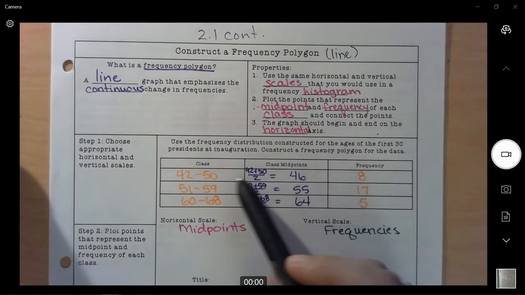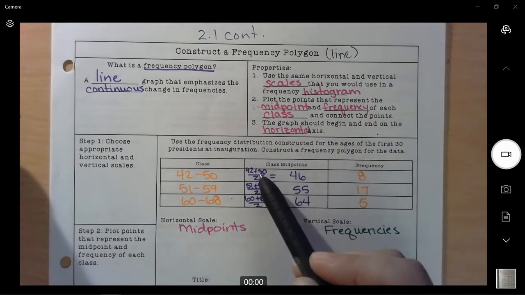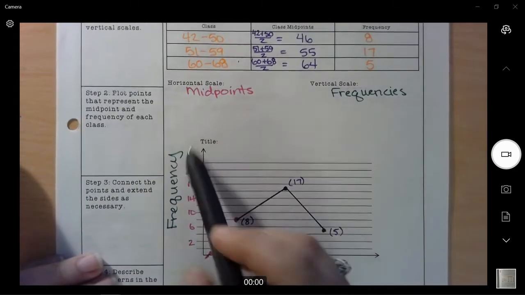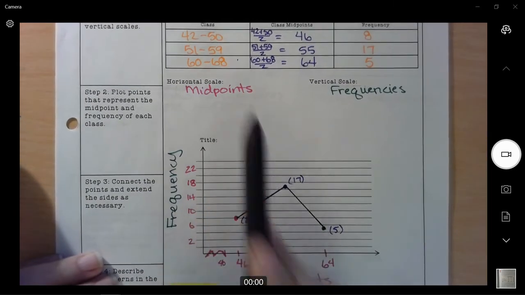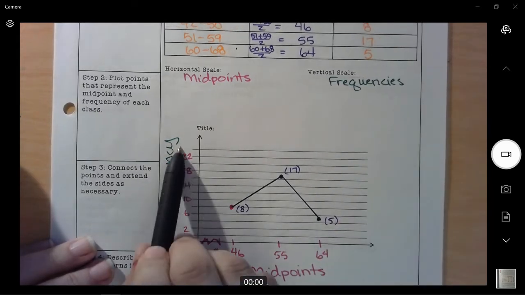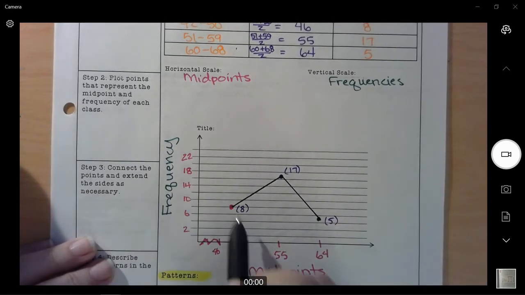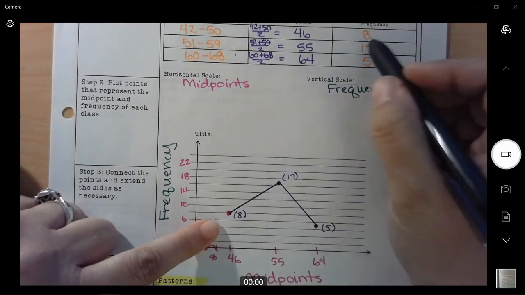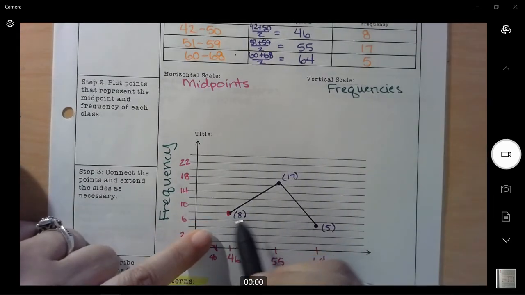To do that, again, we take our classes, we find our midpoints, which we talked about already, and then for your horizontal scale, you're going to use the midpoints for the tick marks, and the frequencies are going to be the same frequency. And we would put a dot on the graph and label it with the frequency so it's very clear.